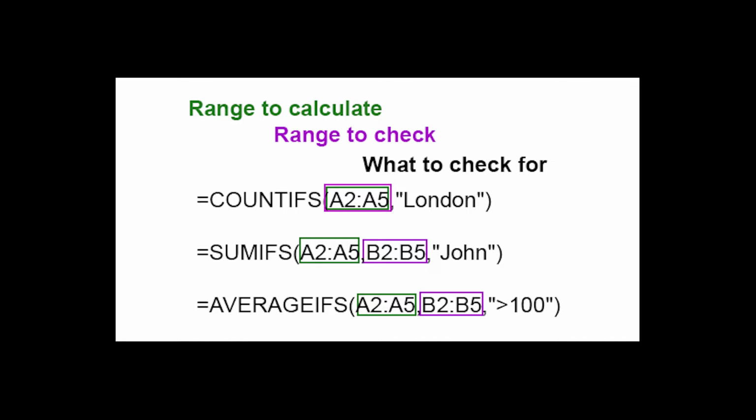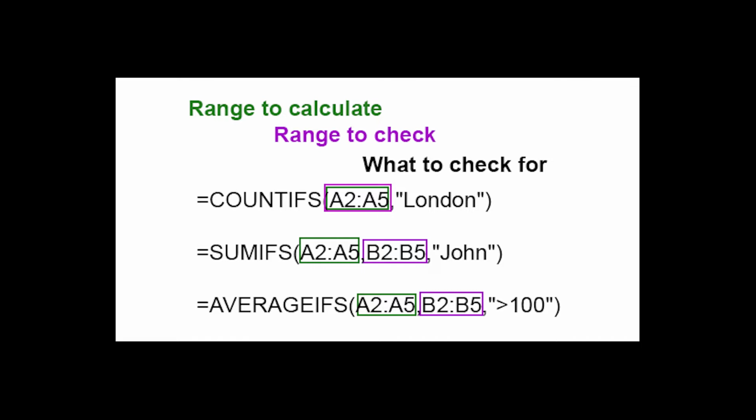But when it comes to SUMIF and AVERAGEIF versus SUMIFS and AVERAGEIFS, I'm a lot more organized now because everything is in an order that I would expect it to be. I'm finding the sum if there is a condition. So what am I finding the sum of? The green rectangle. What is my condition, or what am I checking for? Well, I'm checking in the pink rectangle, and I'm checking for the word John.